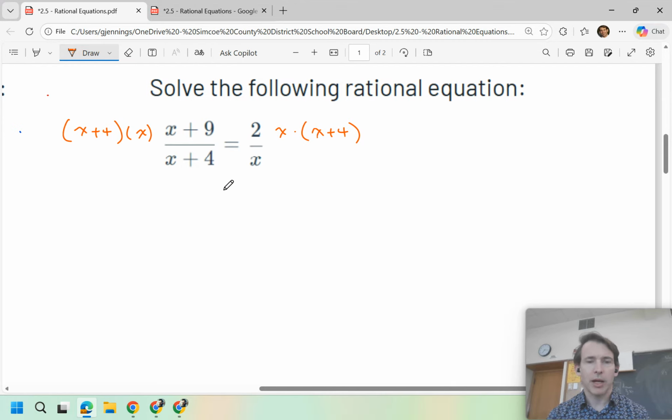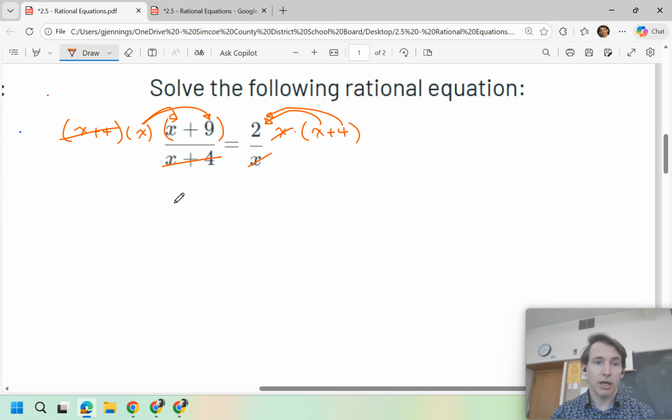And if we multiply by both denominators, we just multiply by what we know the common denominator is going to be, then this will cancel this, and I distribute x in here, and this will cancel this, and I distribute x plus 4 against 2. So that would right away give me x squared plus 9x equals 2x plus 8. And you'll recall that's what we started with.